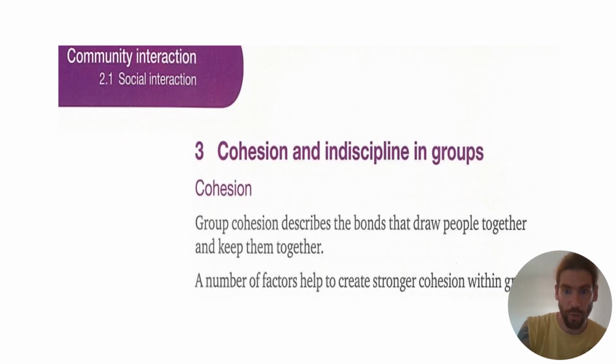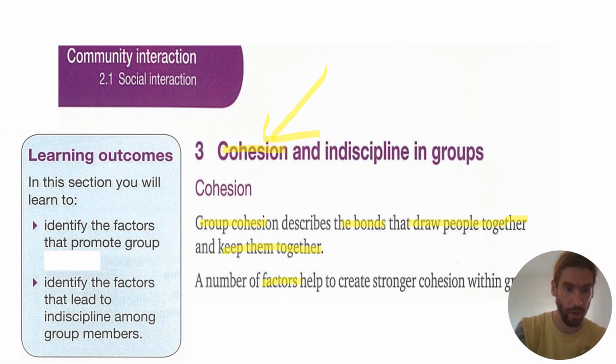Okay, we talked about cohesion and indiscipline in groups, and we mainly talked about cohesion. Group cohesion describes the bonds that draw people together and keep them together. We talked about a few factors: having a common goal and having effective leadership. So I hope that became more clear in this video.